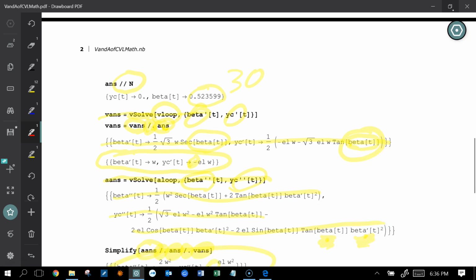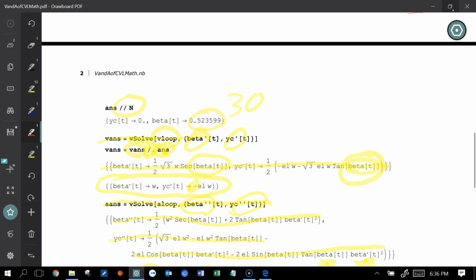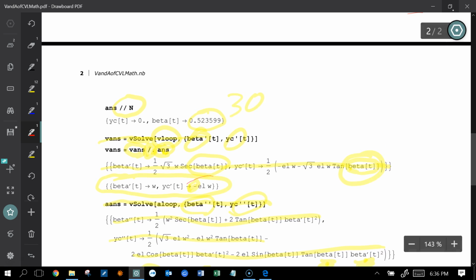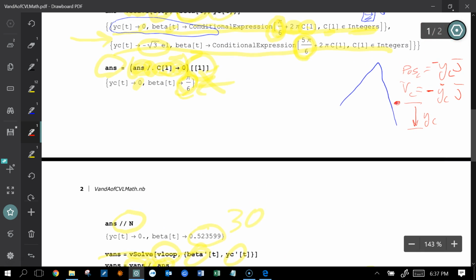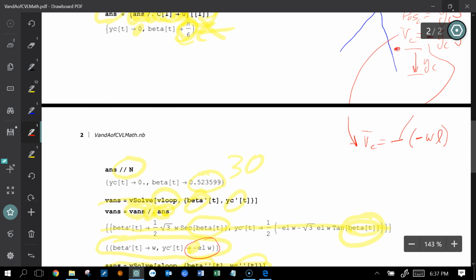YC dot is a negative L omega. So the velocity of C is equal to a minus, YC dot is a negative omega L. This minus is from the solution right here.